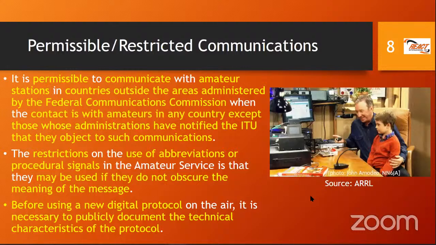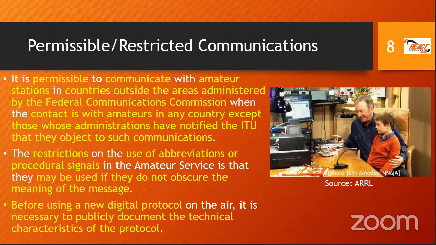Also, as amateur radio operators, we are not allowed to encrypt or to obfuscate, or our communications have to be in clear text so that they can be interpreted by anyone. We must not be hiding any of our messages as amateur radio operators.